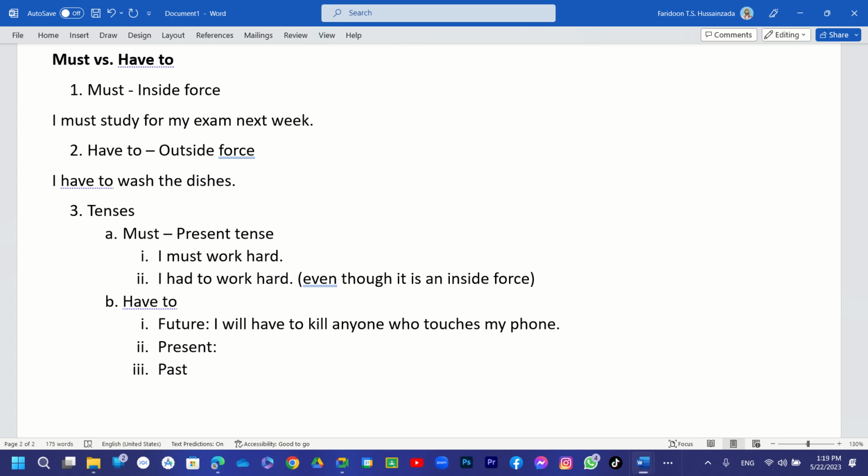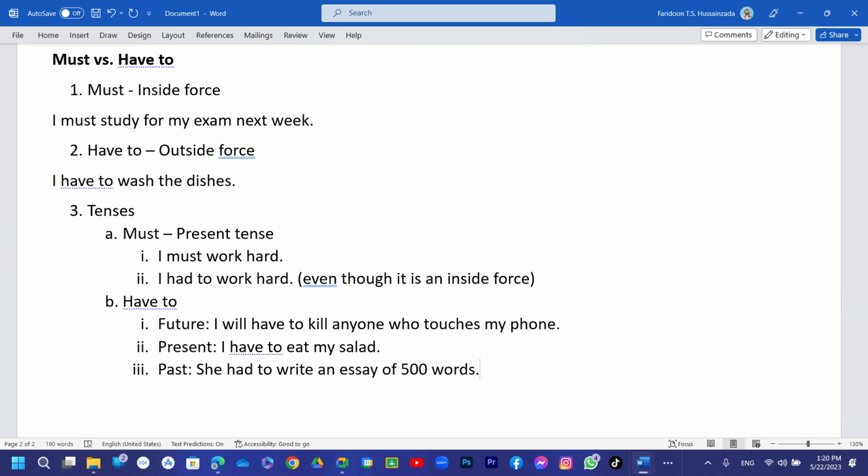Of course, present is very easy. I have to eat my salad. And the last one is past tense, and we already have one example of it, but we will write one more. She had to write an essay of 500 words.